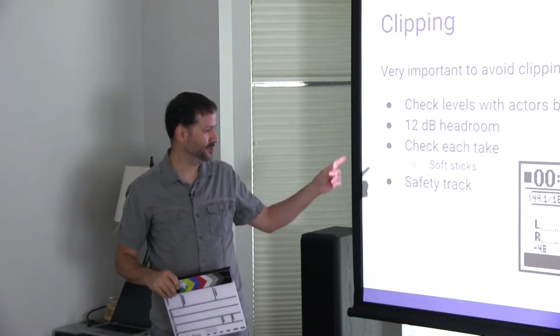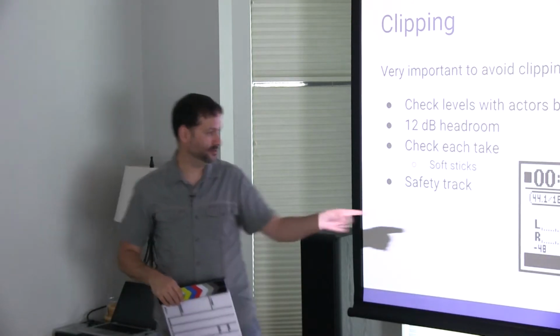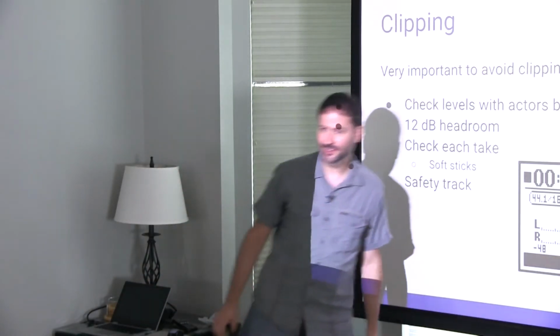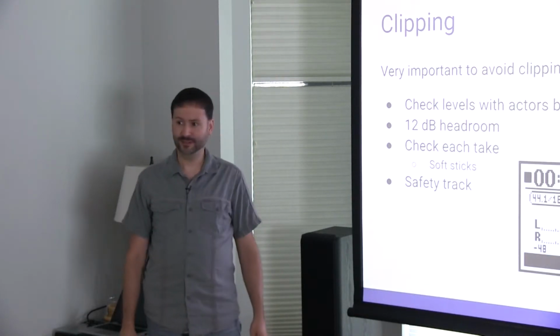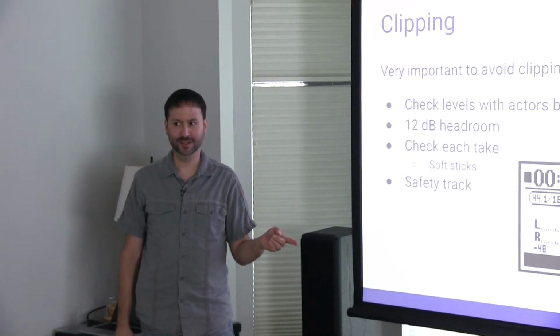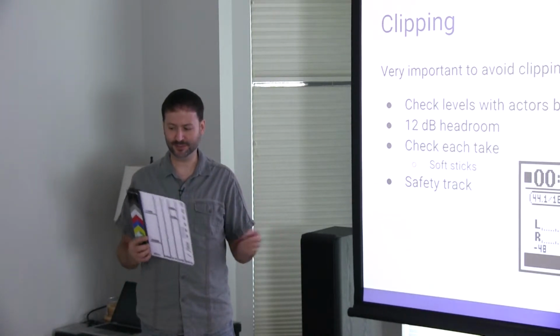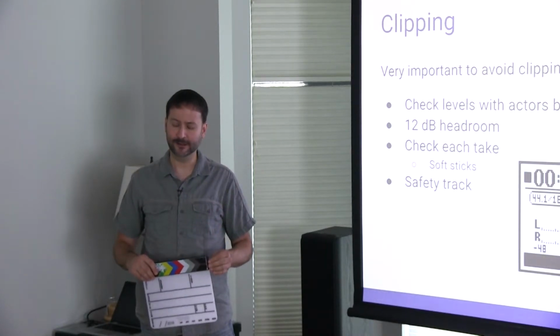You really want to avoid clipping when this happens, so that your indicator is meaningful at the end of the take. So it may show that it's clipped when it really only clipped when the clapperboard slapped down.